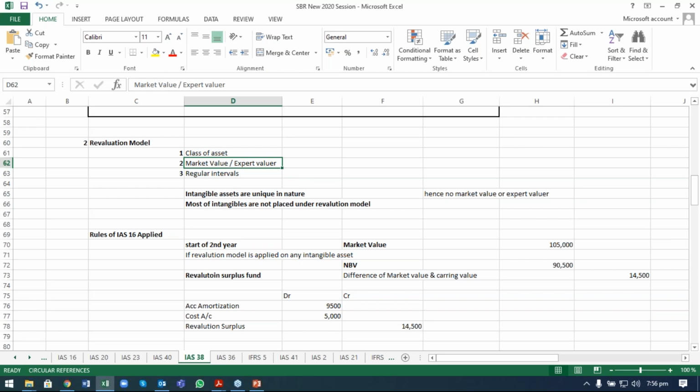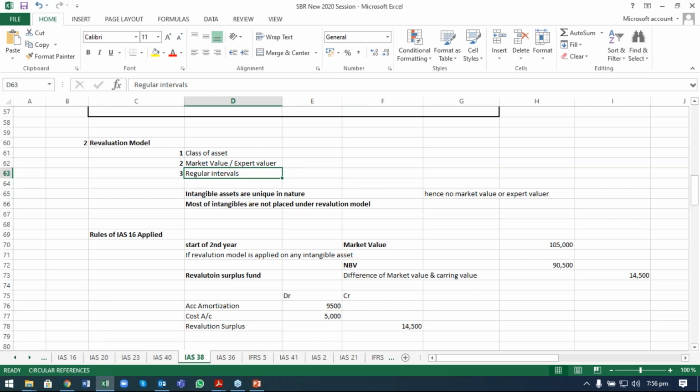If you don't find any expert value or you don't find the market value of an asset, you cannot revalue the asset, because revaluation is always based on the current value of an asset. Then the revaluation principle must be applied. Third, the revaluation model must be revisited at regular intervals.